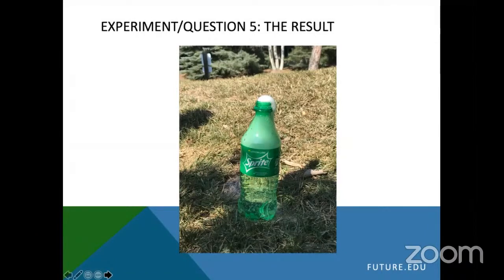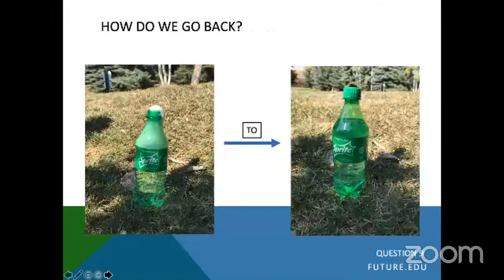But we're getting there. So the tree basically is faced with the problem of this slide right here. And my question to you, one we've already answered but we'll ask it again, is how do I get the gases, the bubbles, back into solution? Because that's fundamentally what the tree's got to do.